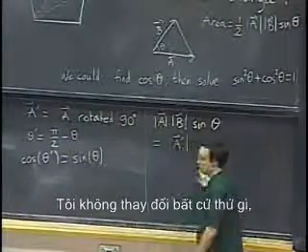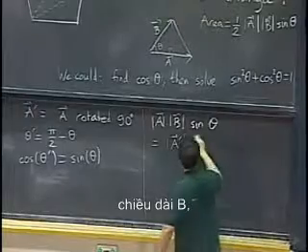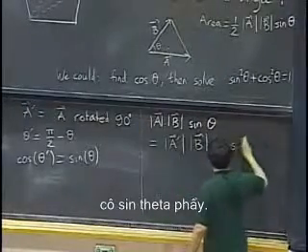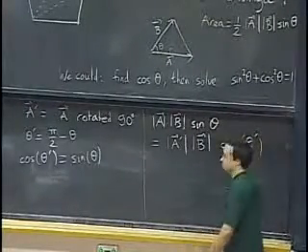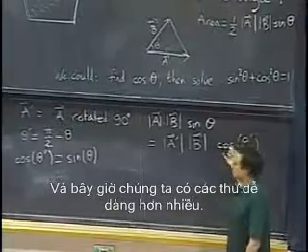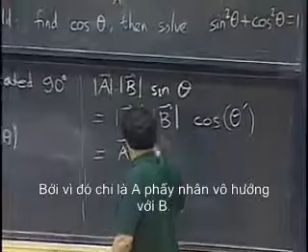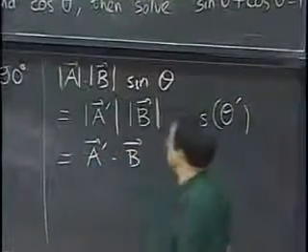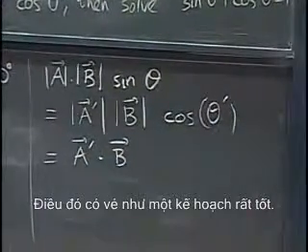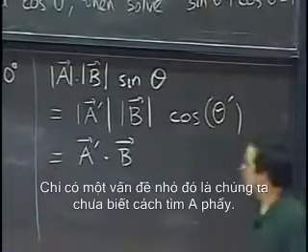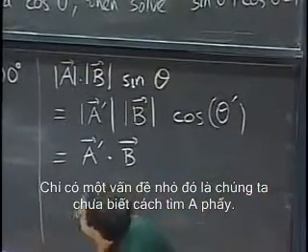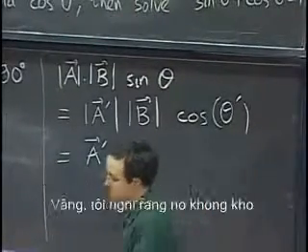Okay, I'm not changing anything. Length B cosine theta prime. And now we have something that's much easier for us, because that's just A prime dot B. Okay, so that looks like a very good plan. There's only one small thing, which is we don't know yet how to find this A prime.